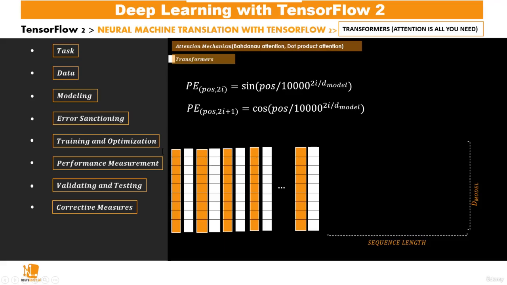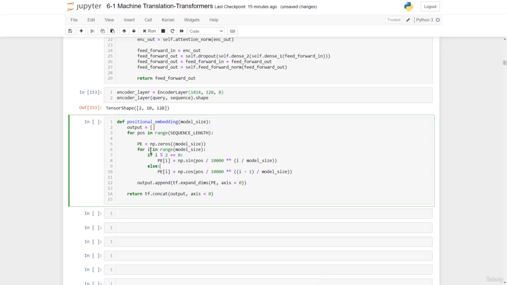The different positions here stand for each and every time step we have: the first time step, the second, and right up to the last time step. For each of these time steps, we have to get the values of the positional encoder, which is defined right here, for every i in the range of model size.